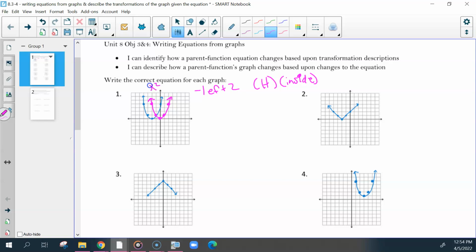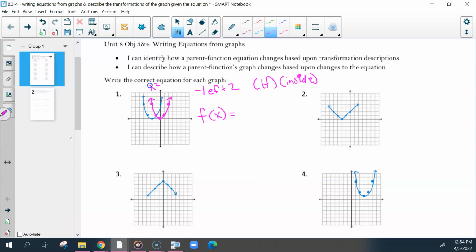So this would be a horizontal inside transformation. Now that we know those two things, and we know our parent function is x squared, we're going to put these pieces together and write our function. So start off f of x.